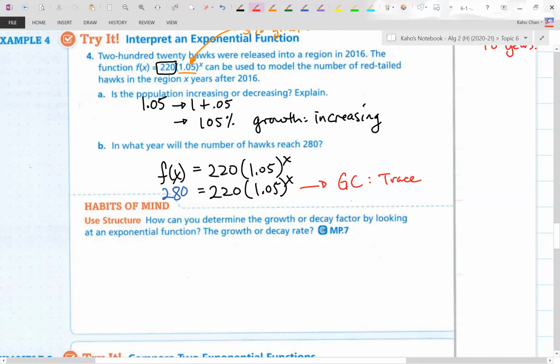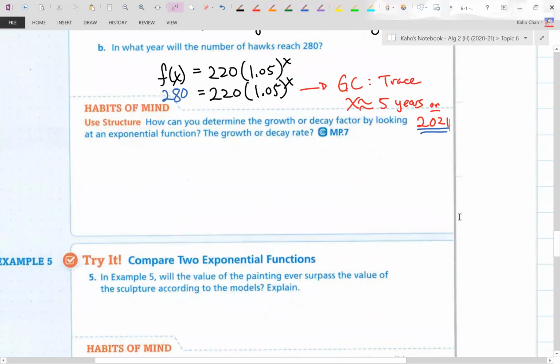When X is about 5 years, it will approach the number 280. 5 years after 2016 would be the year 2021. I don't have the ability on here to show you that progression, but use the trace function on your graphing calculator. All right, I'm going to skip the habits of mind right here.